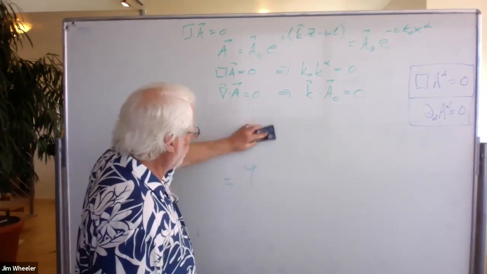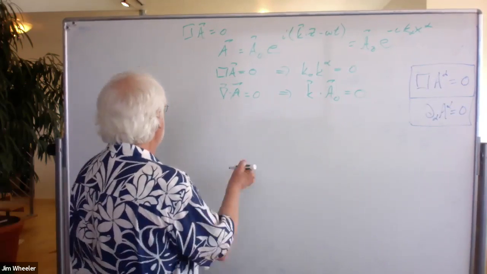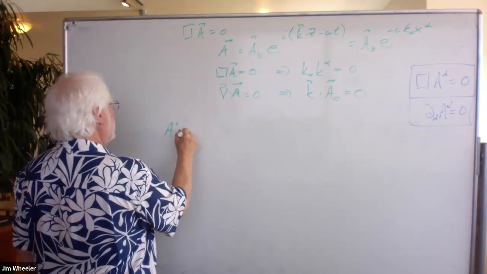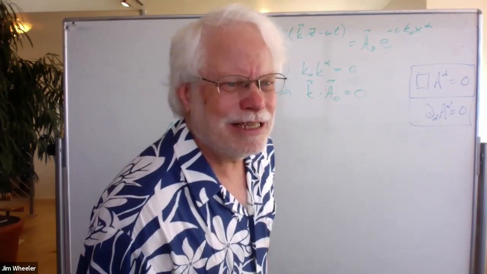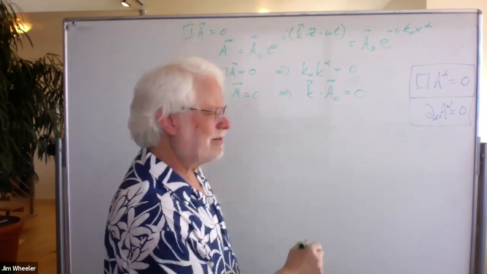This is going to look a lot like what we had for the scalar field, right? We have A_i is going to be an integral. Let me just get my constants right here.